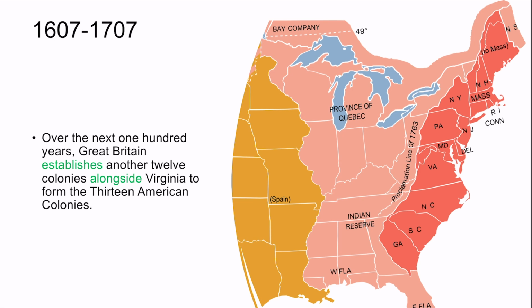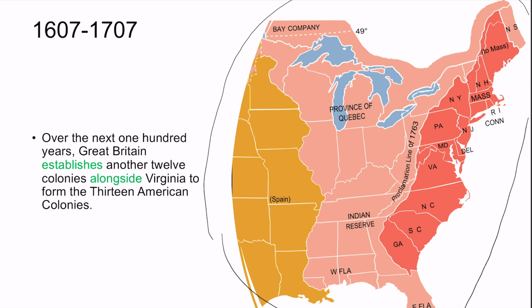Yeah, absolutely. You can see on the right side of this slide there is a map of the United States. It looks like a modern day map because we can see the outlines of certain states that exist today that didn't exist in this time period between 1607 and 1707.